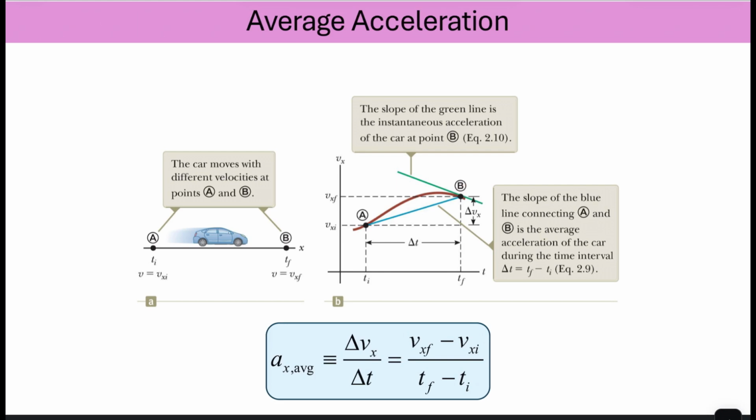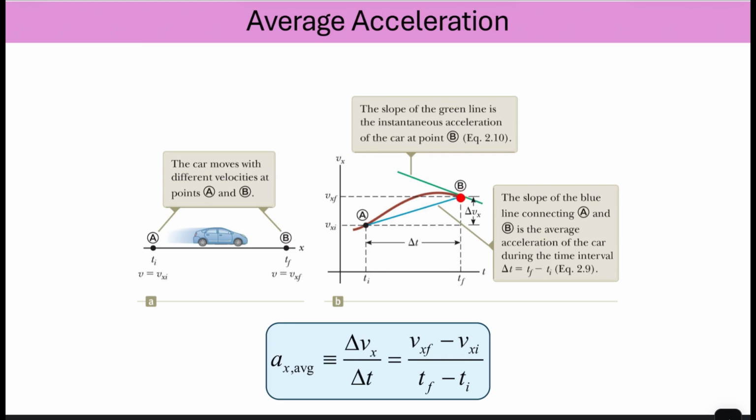So in terms of the graph, moving from point A to point B, the real graph of the motion of the car is the red line here. In terms of average, the blue line that connects point A to point B gives us the information of the average acceleration.